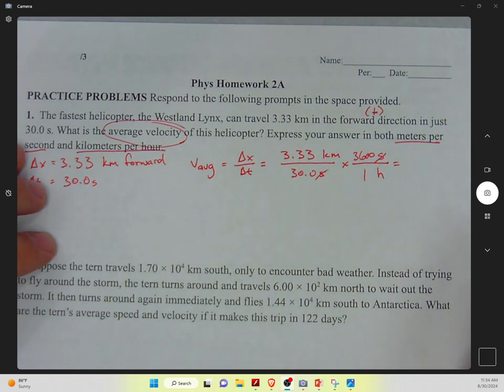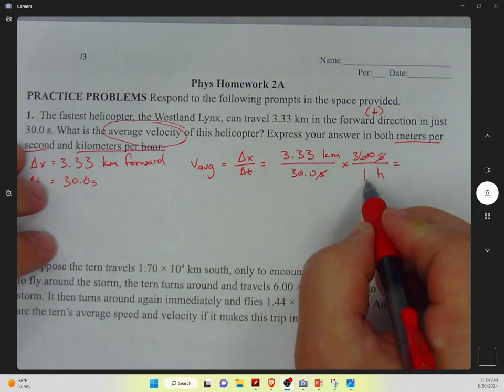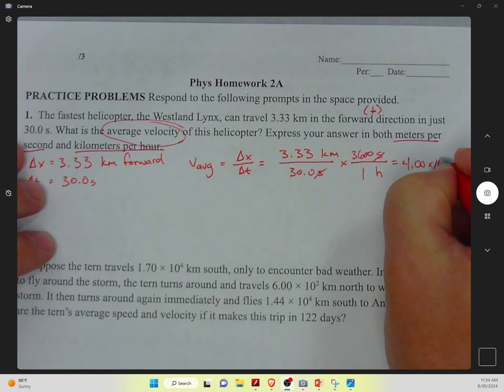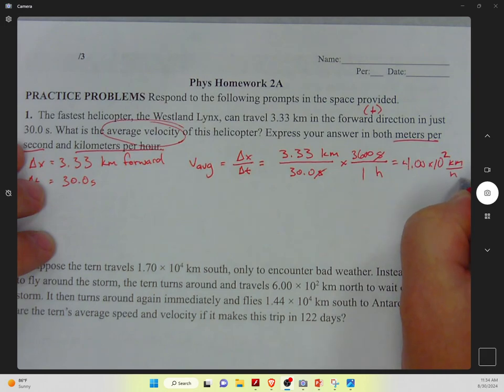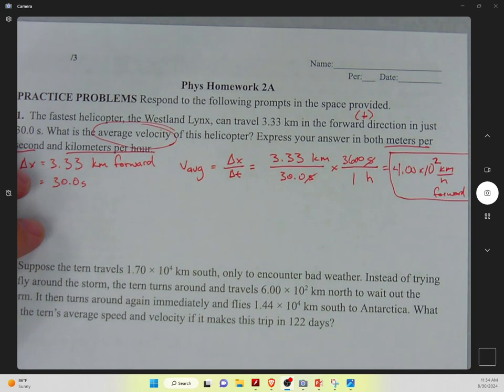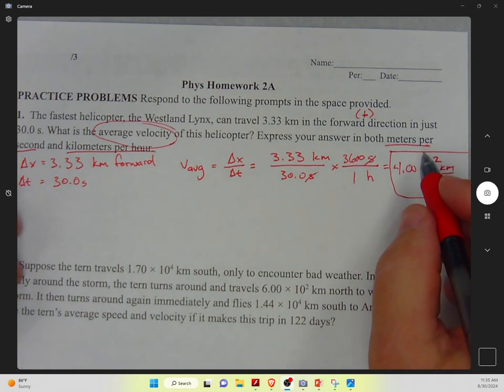And my final answer here is going to be in terms of kilometers per hour, 4.00 times 10 to the second power kilometers per hour forward. So that's 400 kilometers per hour. Fair enough?